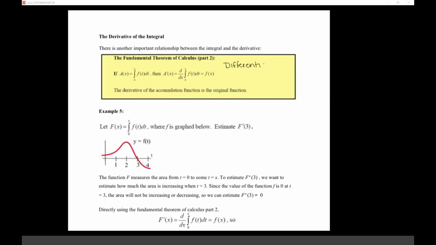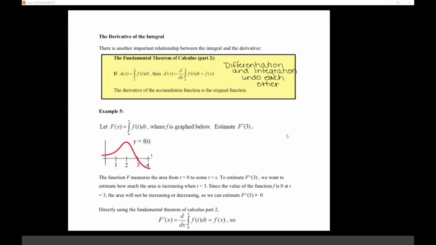Another way to say it is differentiation and integration are like inverse operations. You could say they undo each other. Okay, so all this is saying is the derivative of the integral is the function you started with.